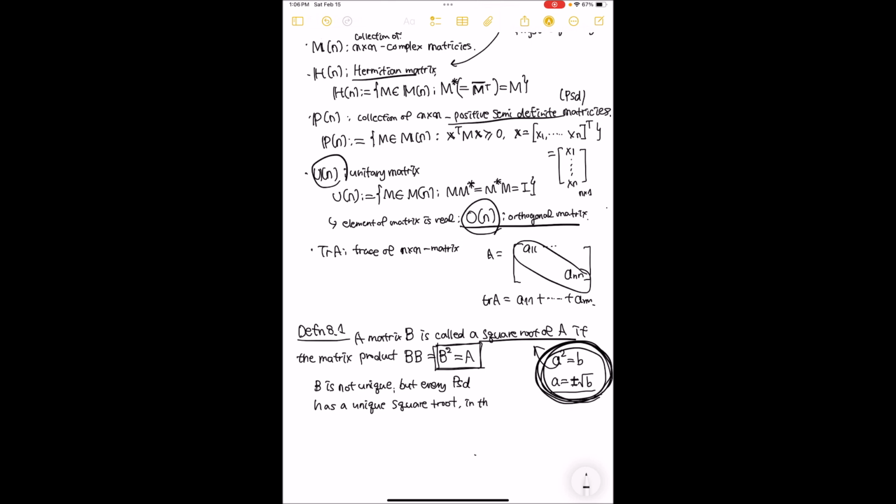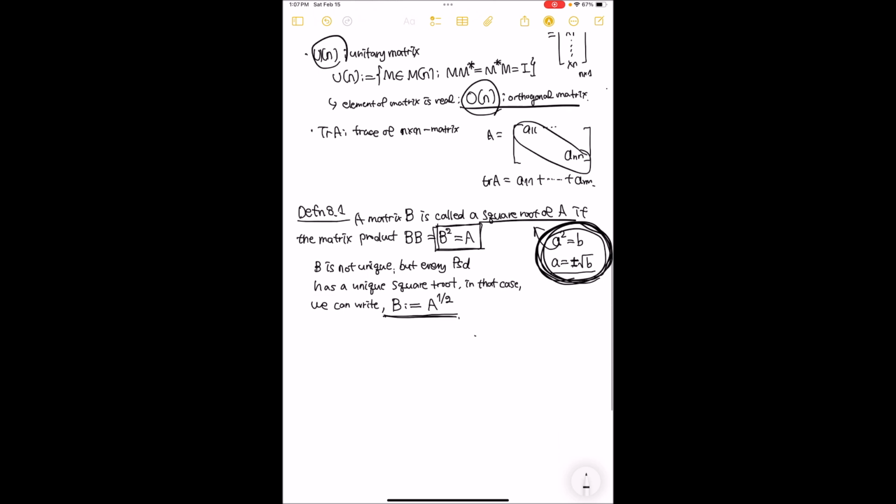So in that case, we can write B like this. That is the definition and notation.